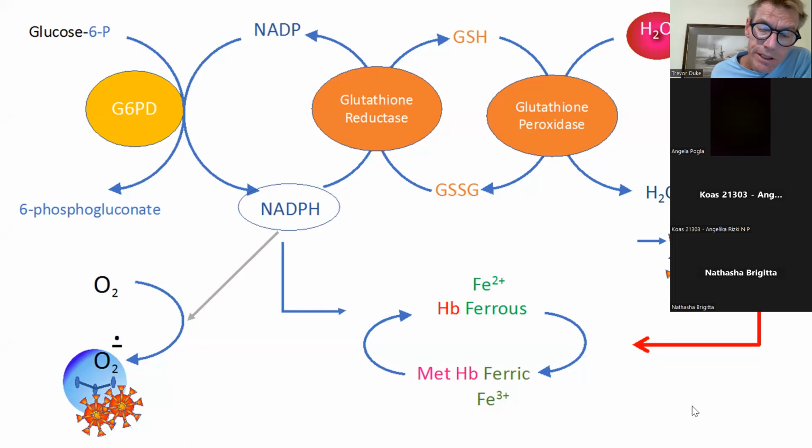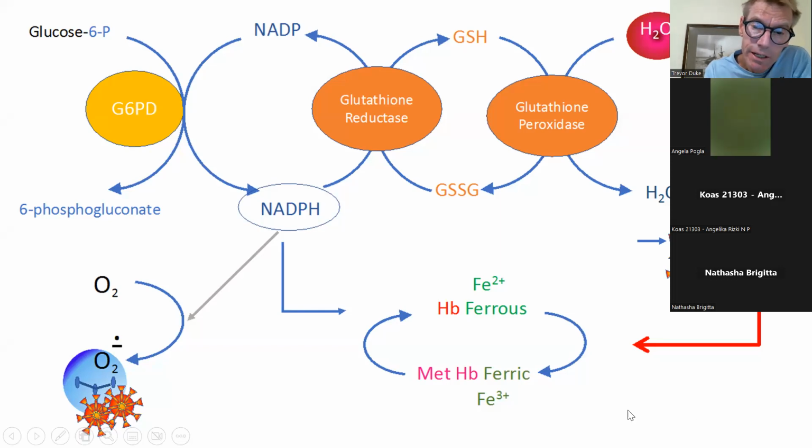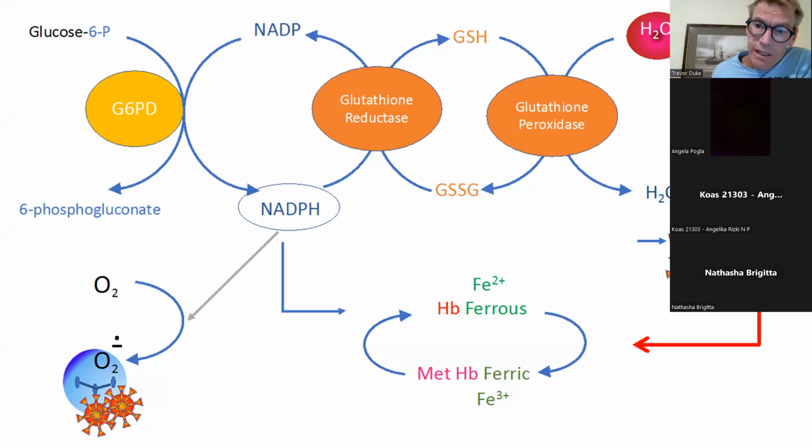So G6PD is an enzyme that protects the red blood cells against oxidative damage. And when you get an infection, a fever, certain drugs can lead to oxidation, the production of hydrogen peroxide from water. And G6PD protects the red cells against the damaging effects of hydrogen peroxide on the hemoglobin.